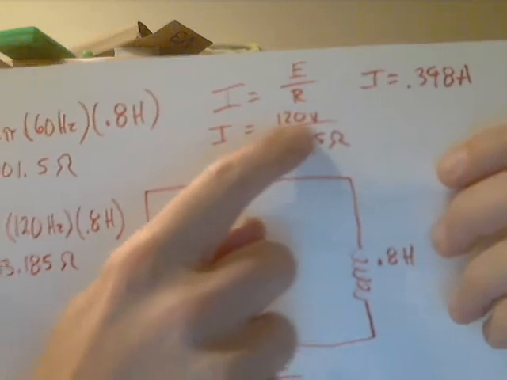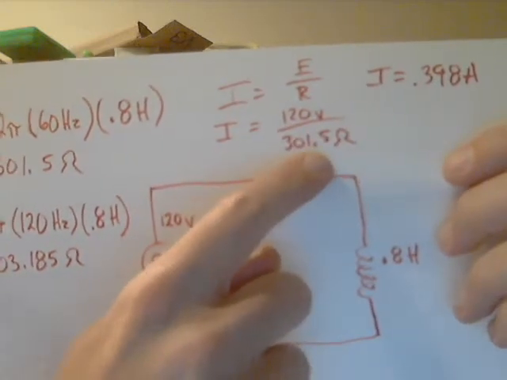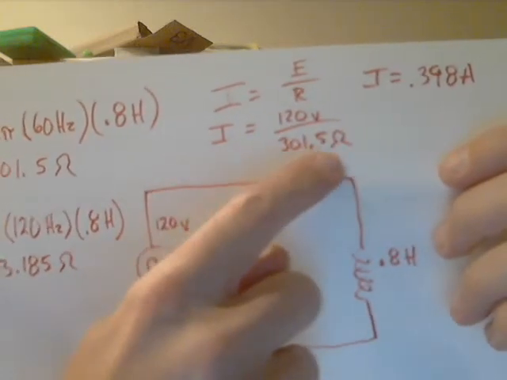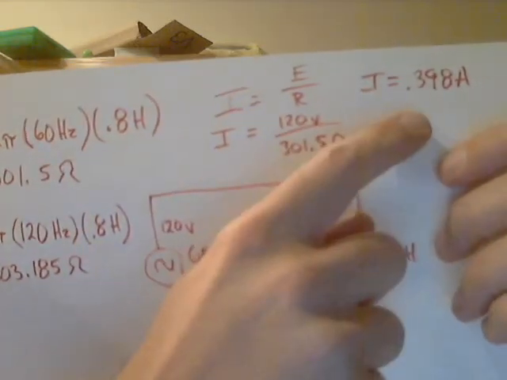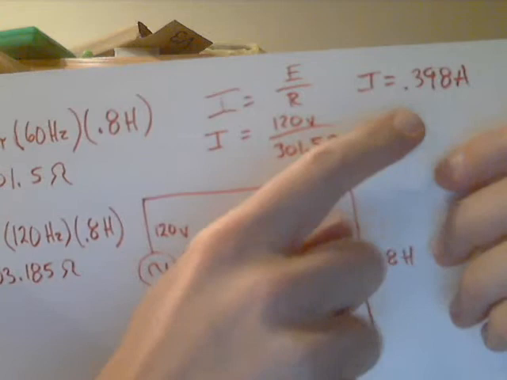I take 120 volts and divide that by the inductive reactance, in this case 301.5 ohms, and that gives me a current value of 0.398 amps. Well, 0.398 amps is a lot more manageable than 12,000 amps. That would certainly burn the wire up in a hurry.